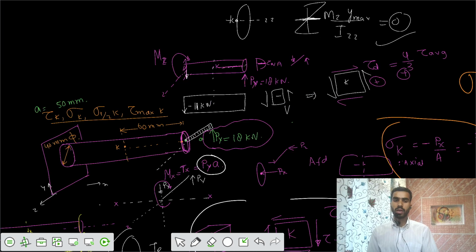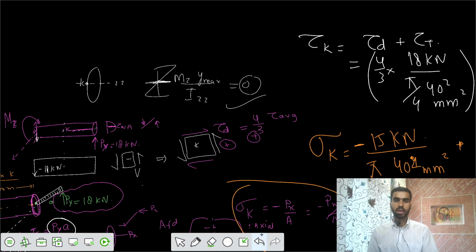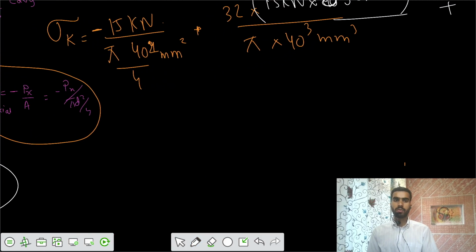There was some Mz, but point K was on the neutral axis, so the stress is equal to 0. So finally, you got the value of stress at K equal to a positive 107.4 megapascal.